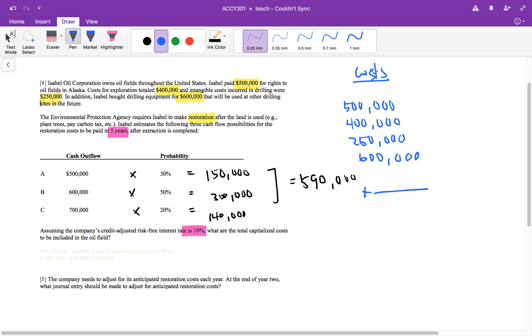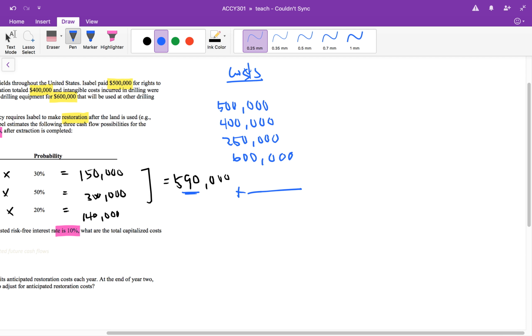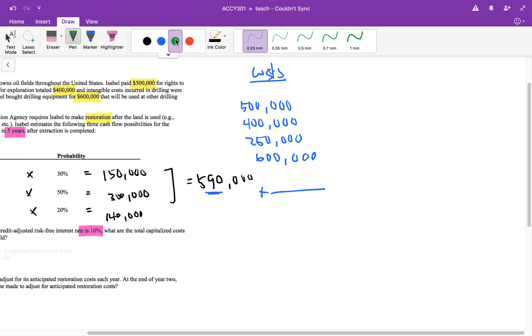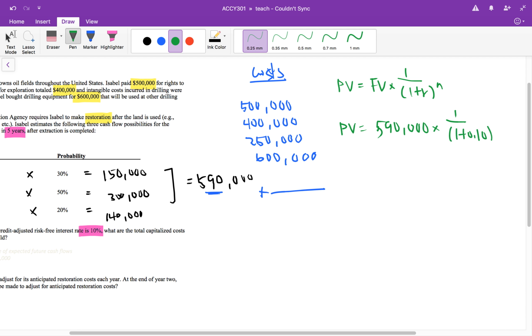So to figure out how much Isabel would actually pay from this $590,000, we would use our present value equation. So PV equals FV times 1 over 1 plus r to the n. So we can fill it in. Our future value is 590,000 times 1 over 1 plus 0.10 to the power of 5.